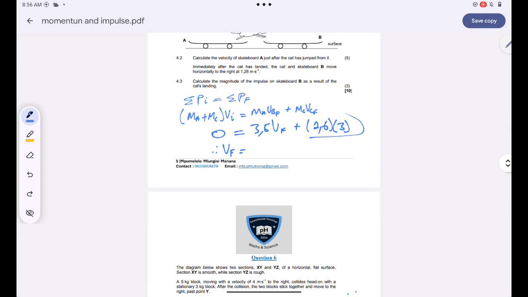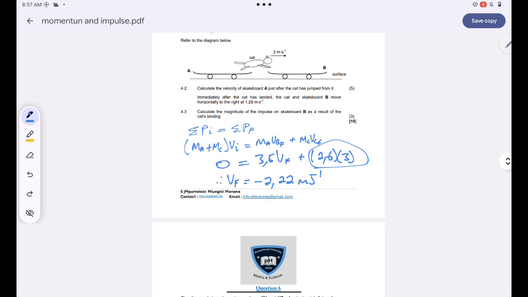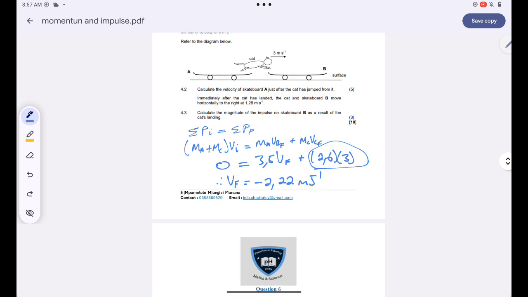You take this term to the left hand side, and it will change the sign. 2.6 times 3 divided by 3.5, you'll simply get a negative 2.22 meters per second, which simply shows that the skateboard will move in the opposite direction to the cat.